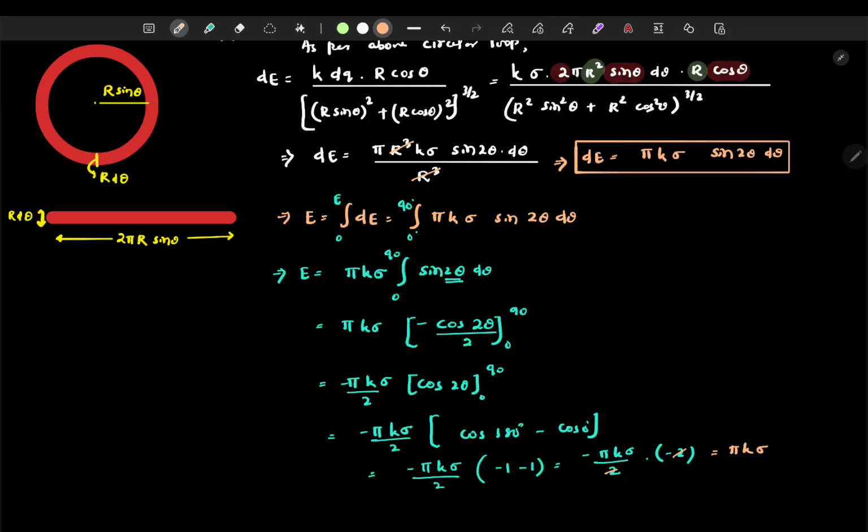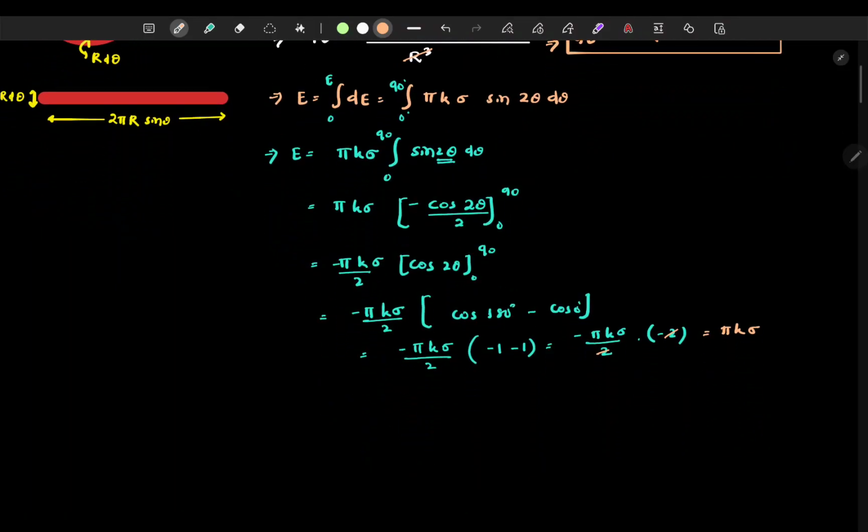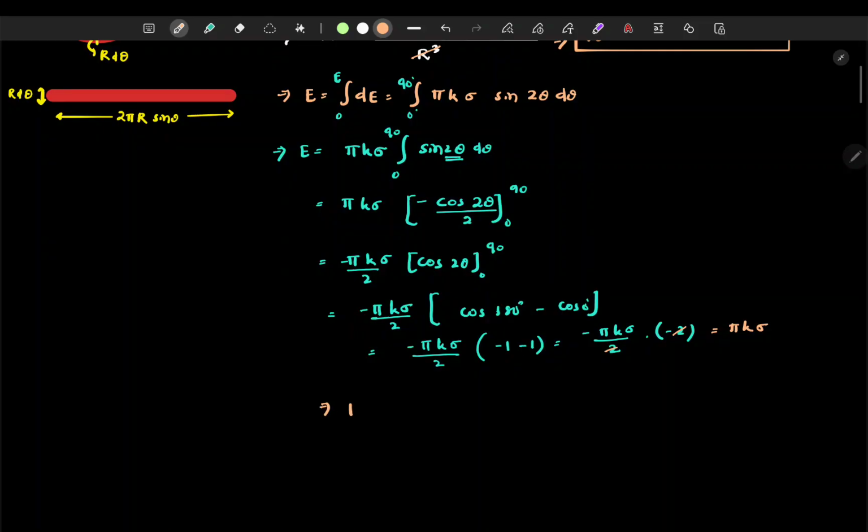This is pi k sigma. What is the meaning of pi k sigma? We can write E is equal to pi k value, we can write 1 by 4 pi epsilon naught into sigma. Yes, so pi cancelled out.